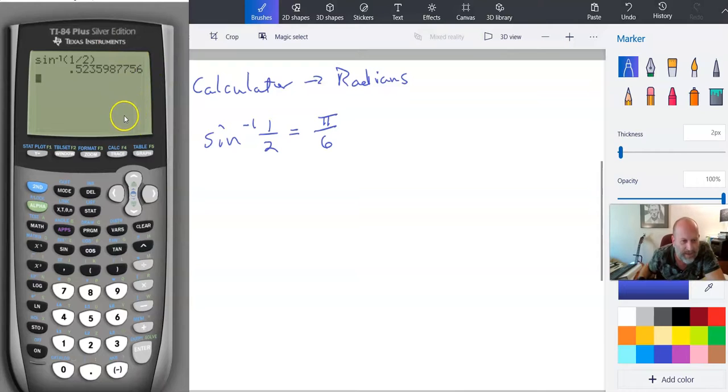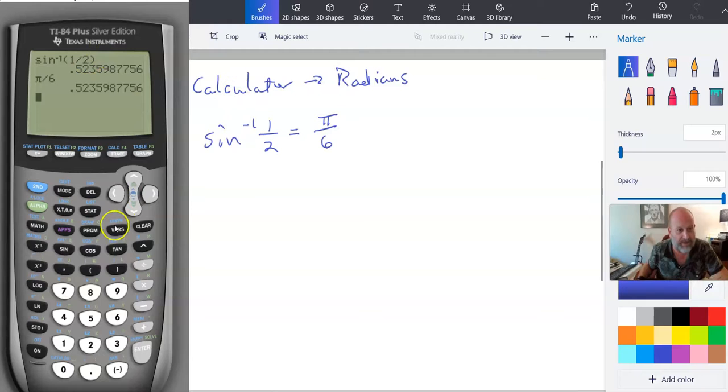Pi is the second function here. So let's do second function pi divided by 6, and then we hit enter, and we get the exact same number, and that's how you know what it is. You're not going to be able to convert it back to units of pi without knowing them. So a decimal answer is fine in these cases.